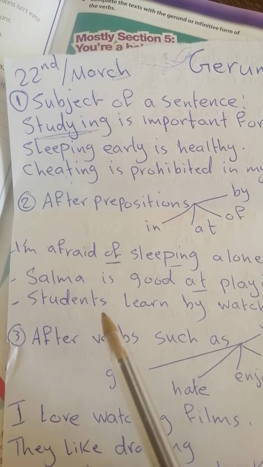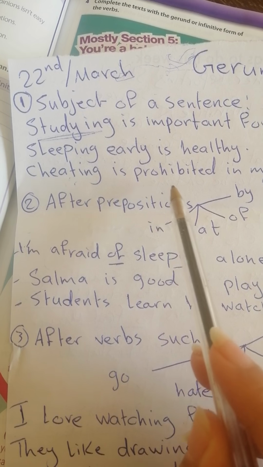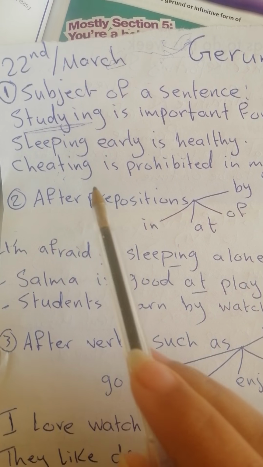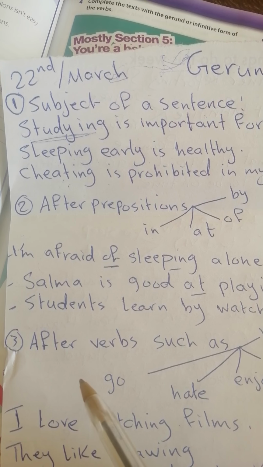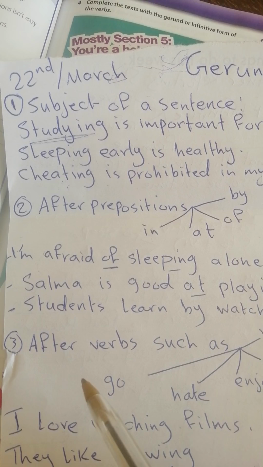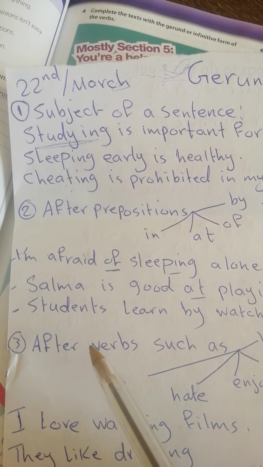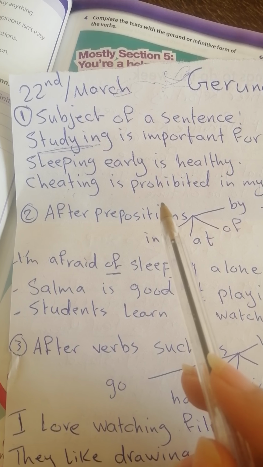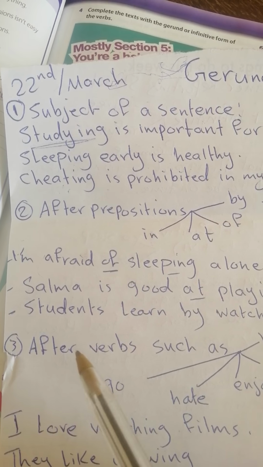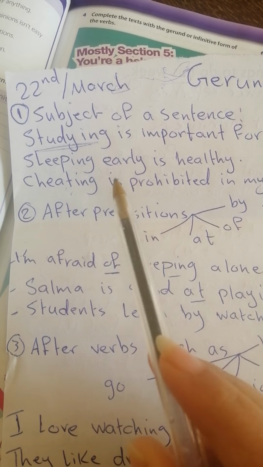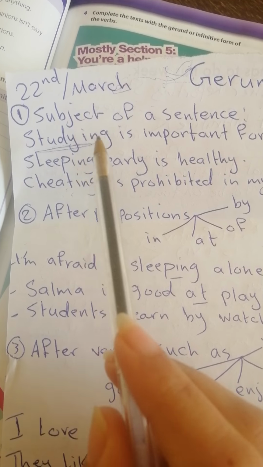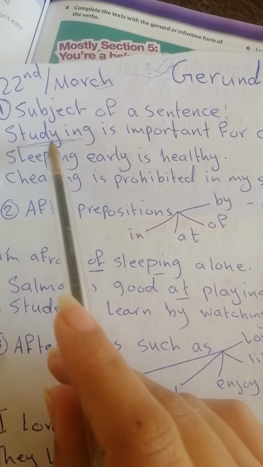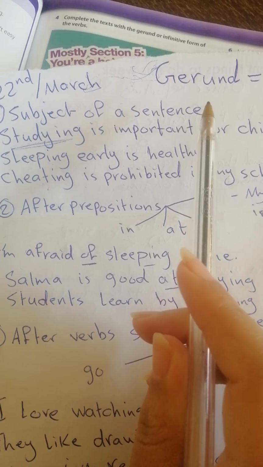What else? We can also say shouting in the classroom is prohibited. Thinking loudly is important. So all these sentences contain a subject, and the subject here is verb plus ing, and we call it gerund.